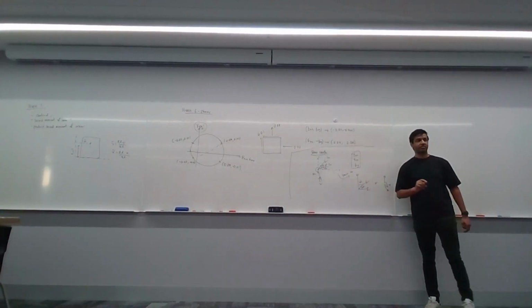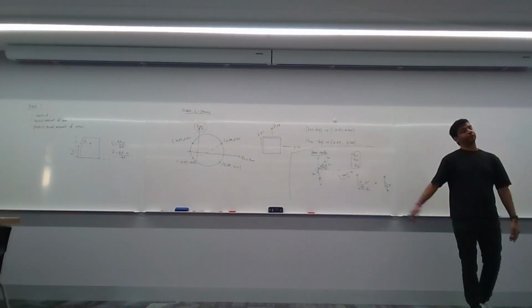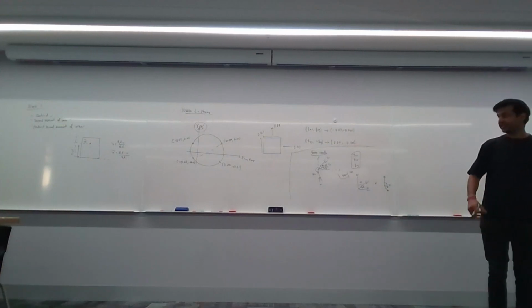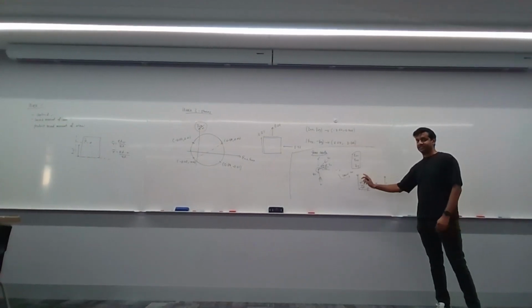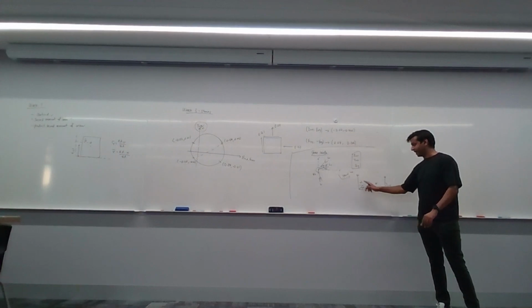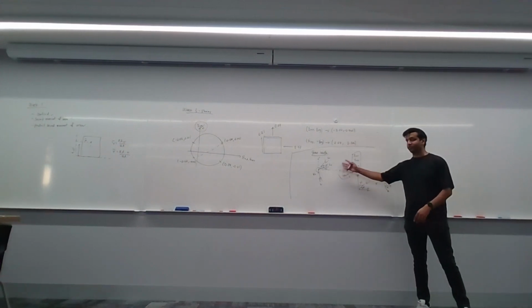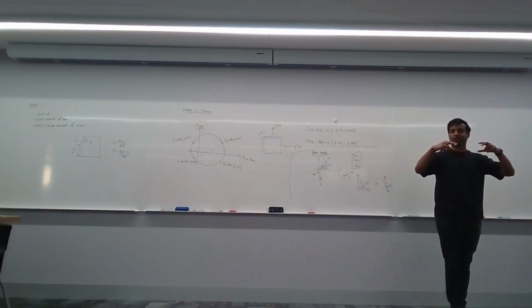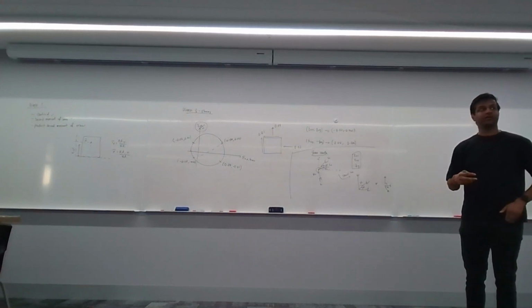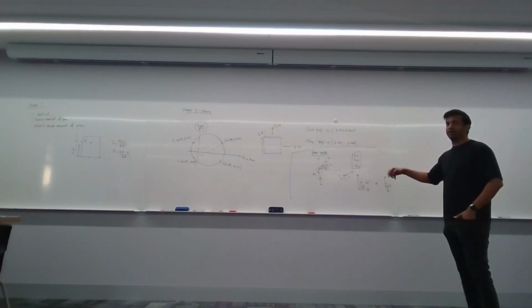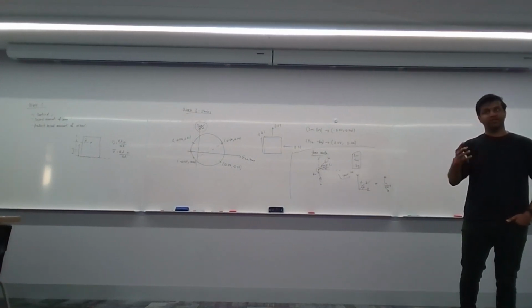These are your special case strain rosette setups. The reason they're special is because if your epsilon A, B, and C are oriented in this direction with angles like that, it simplifies your formulas into a very easy version. So if you have that, just remember to use the easier version and you should be good.